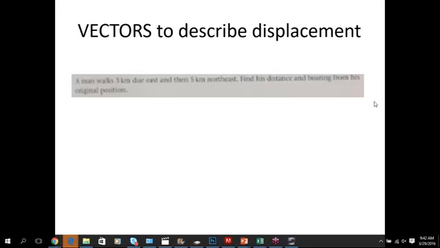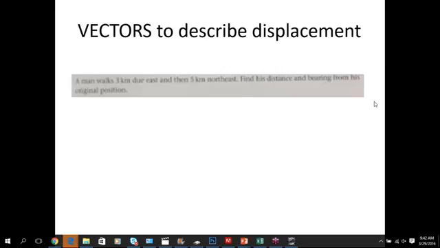So with vectors, it's looking at how to use vectors. What is a vector? To describe, yes, displacement. A few things about vectors and scalar quantities. A scalar quantity just says how many, how far.